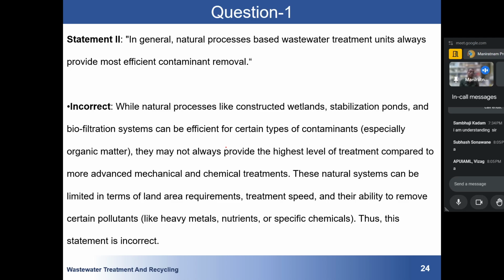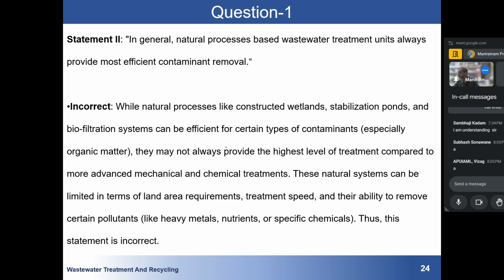So generally, man-made systems can remove this. For example, membranes. If we try to remove our solids via natural process, it will take a lot of time, and we might not get efficient results. But if we use a membrane, then it can treat wastewater by removing organic matter and solids in a very efficient way, and efficiency will be more than 90%.